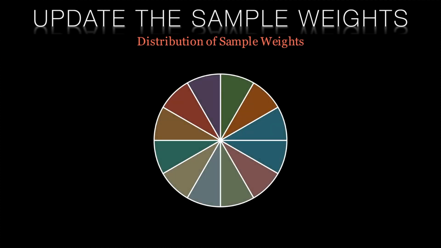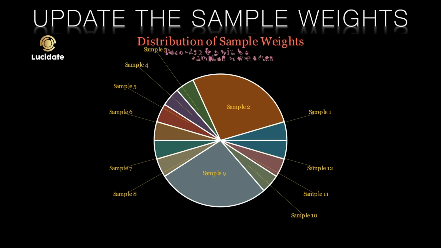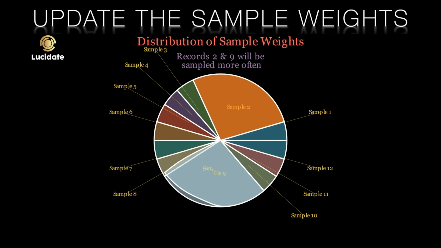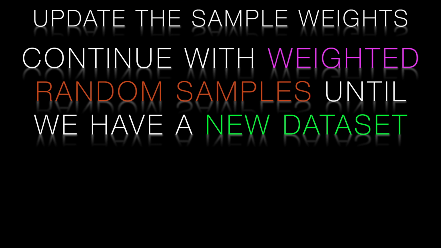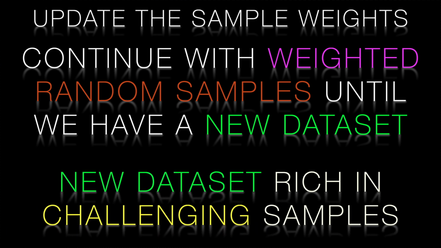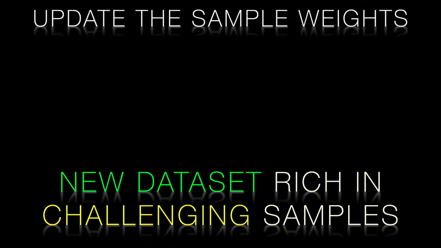Observe, with this method, we are much more likely to choose either record 2 or 9 than any other variable. We can continue this method until we have our full slate of training data. This will be rich in the samples that we want, which were the misclassified records from the prior stump.